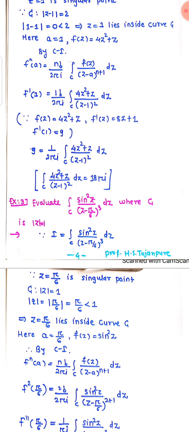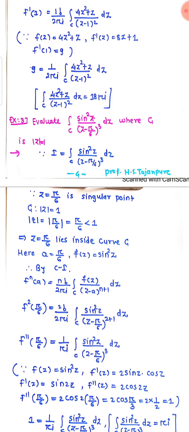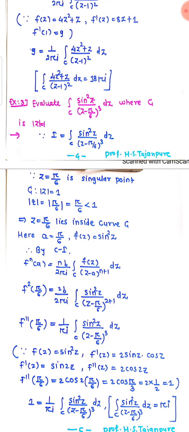Then substitute in the left hand side: 9 equals 1 upon 2 pi i integration over the curve C of 4z square plus z upon z minus 1 bracket square dz. Just shift this 2 pi i to the other side, and you will get 18 pi i. So it is the answer of the integral of 4z square plus z upon z minus 1 bracket square.